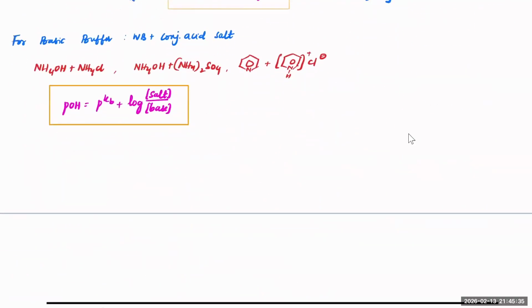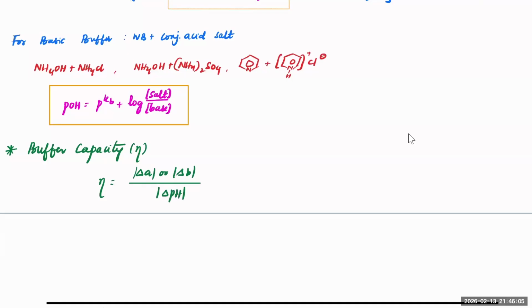The next term we should learn is buffer capacity. Buffer capacity is usually written as eta. So eta, buffer capacity, is how much acid or base, in moles, you are adding to change the pH of the solution by 1 unit.